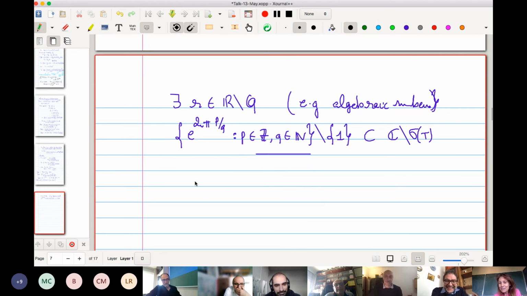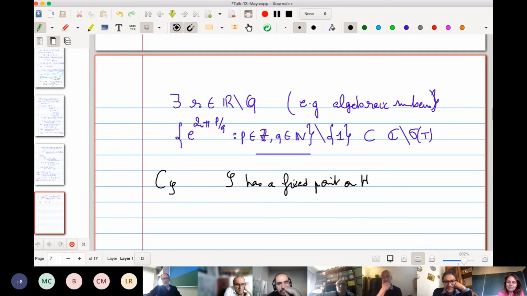Okay, so the story is completely different. Without a weight, you just take a composition operator and assume that phi has fixed points on the boundary. Well, it depends whether it's a hyperbolic or parabolic case.